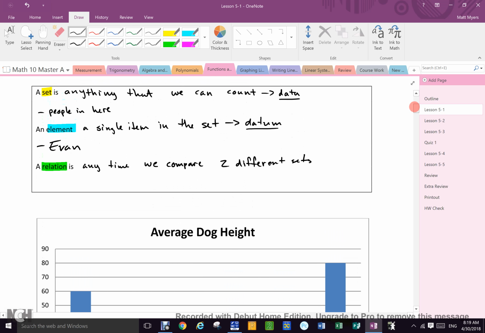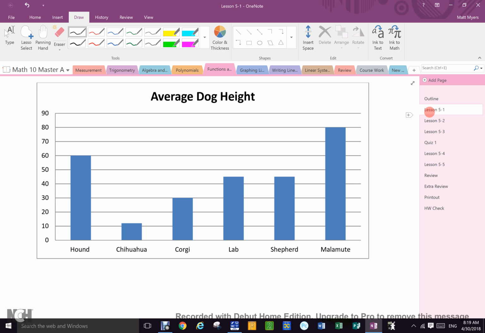So now we can carry on with this. Here I have a graph. It is a bar graph. You've seen bar graphs like this many, many times. You cannot make a graph without having a relation between two sets. What are the two sets in this relation?